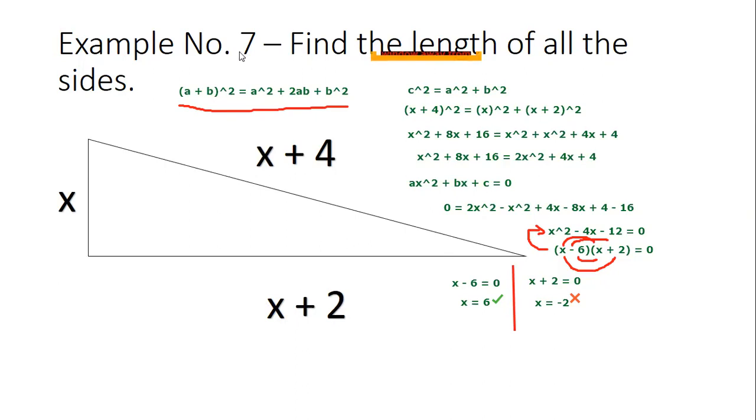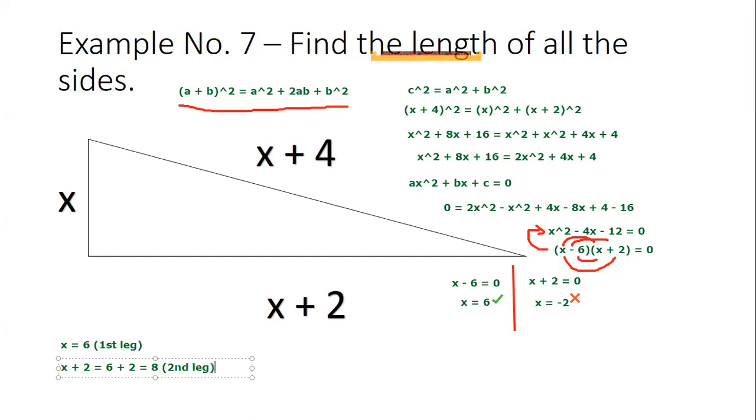Now we're going to find the length of each side of the triangle. Of course, x is equal to 6 is the first leg of the right triangle. The other one is x plus 2, which is equal to 6 plus 2, or 8. This is our second leg.